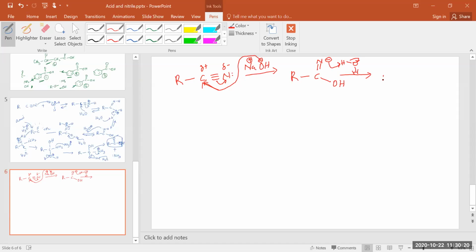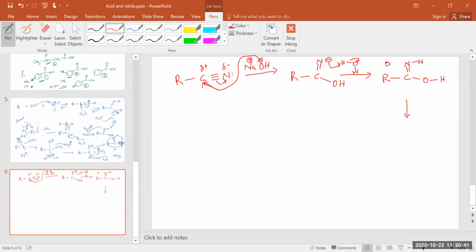Okay, it will take the proton. So here it will be NH. See, carbon double bond nitrogen is an imine type intermediate.